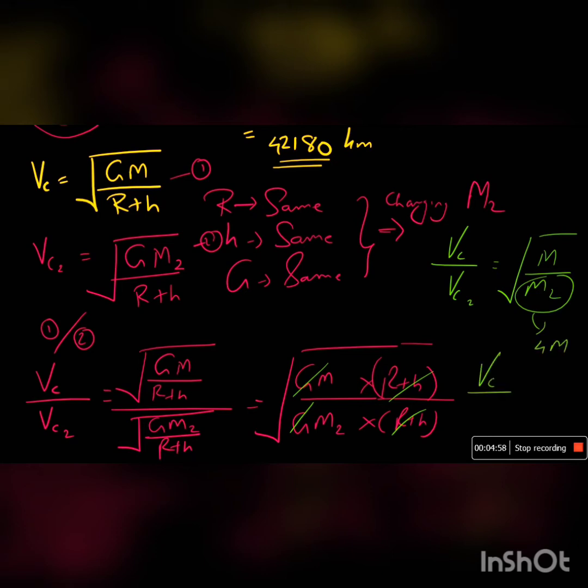So critical velocity in case 1 upon critical velocity in case 2 is square root of M upon 4M, and this goes off, this goes off, right?